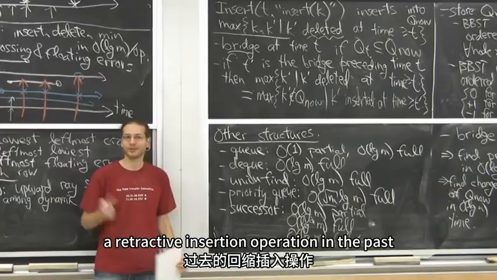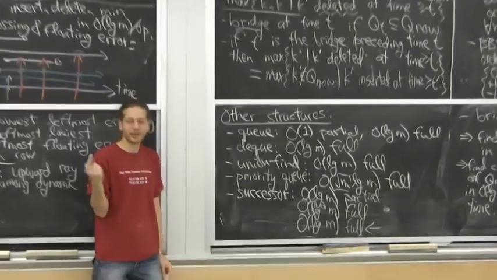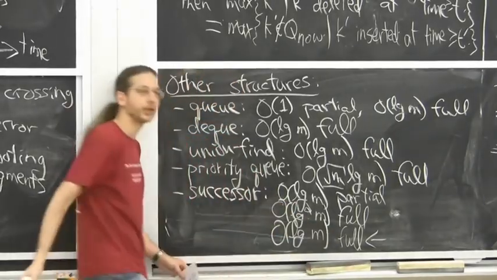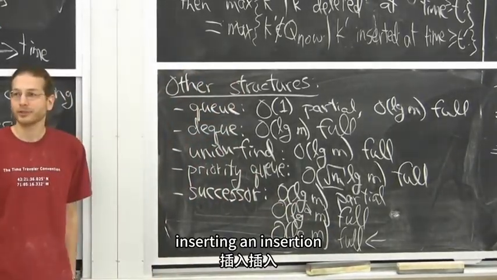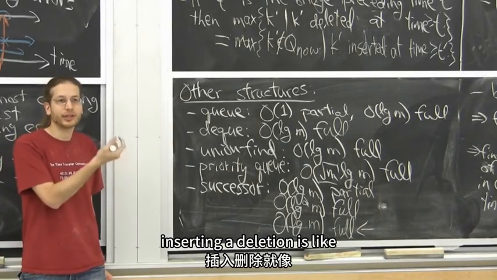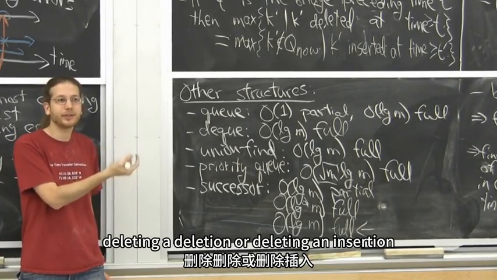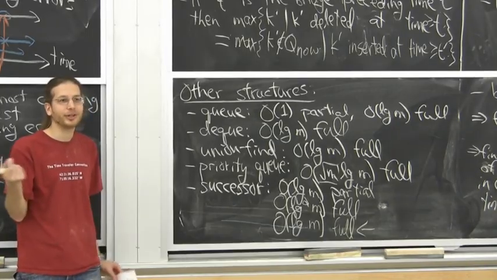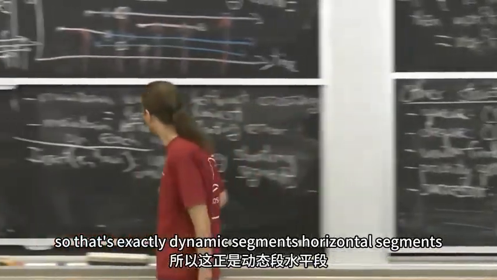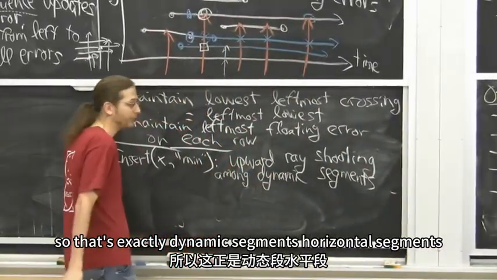A retroactive insertion operation in the past is like, it's fully retroactive successor. That's this result. Inserting an insertion, that's like creating a new left endpoint of a segment. Inserting a deletion is like creating a new right endpoint. Deleting a deletion or deleting an insertion is, you could use that to move the endpoint. So that's exactly dynamic segments, horizontal segments.